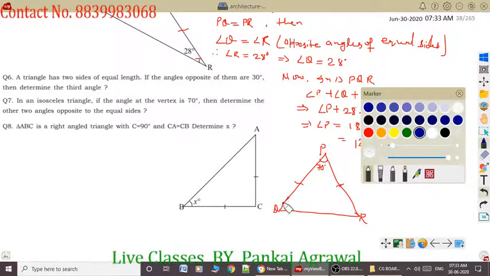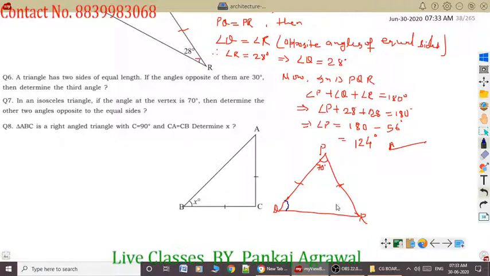So you can see here, two sides are equal, their opposite angles will be equal.